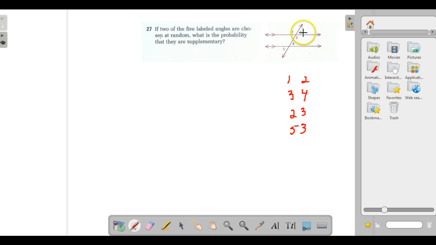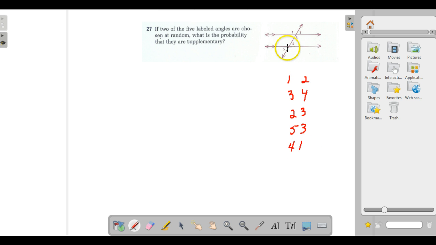So 4 and 2 are congruent. Well, if 2 is supplementary to 1 and 4 is congruent to 2, then 4 must also be supplementary to 1. So that's another one that we can add to the mix.